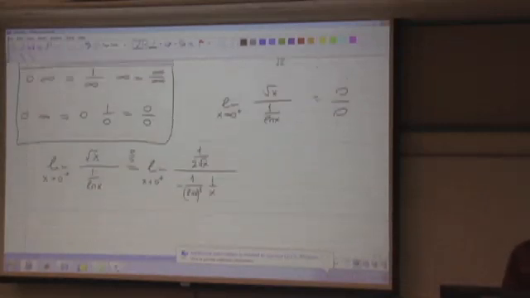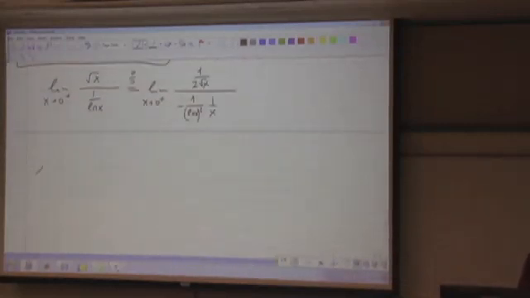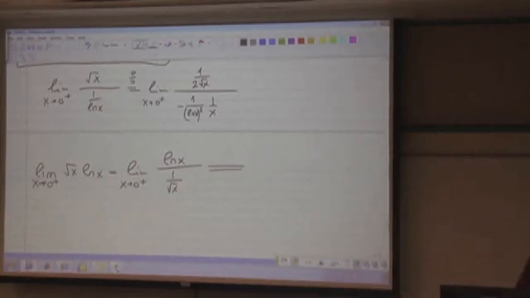So let's attempt the other one. So the limit as x goes to 0 plus of the square root of x times ln of x equals the limit as x goes to 0 plus of ln of x divided by 1 over the square root of x. We're in the situation of infinity over infinity. So the numerator is 1 over x.